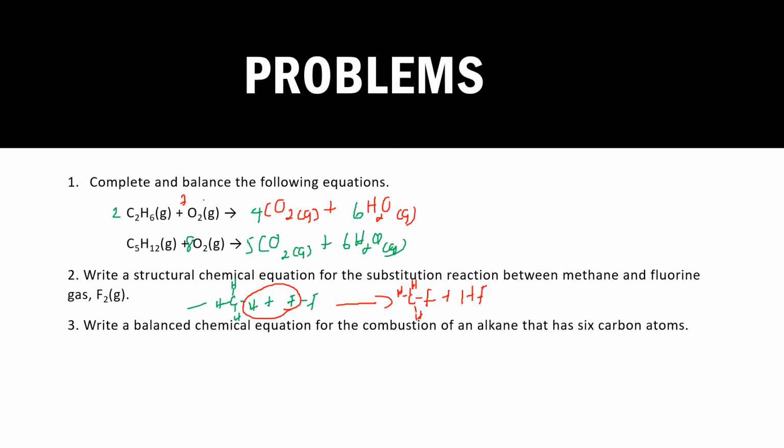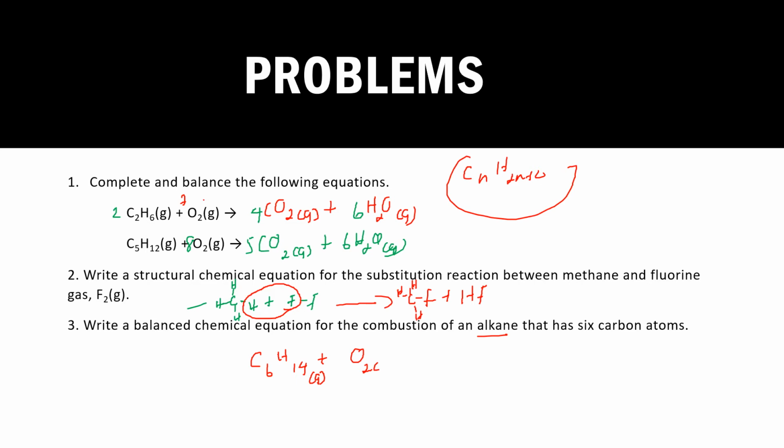Write a balanced chemical equation for the combustion of an alkane that has 6 carbon atoms. They're asking for an alkane. So 6 carbon atoms means C6H14, according to the CnH2n+2 formula for the alkane. Balanced chemical equation for combustion: again this is also gas.